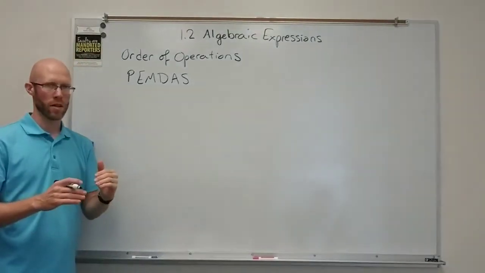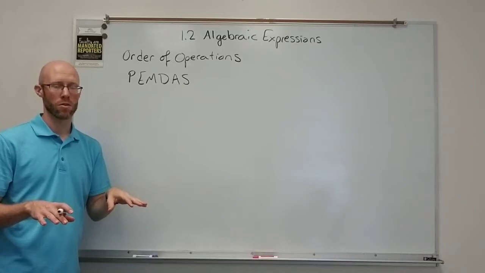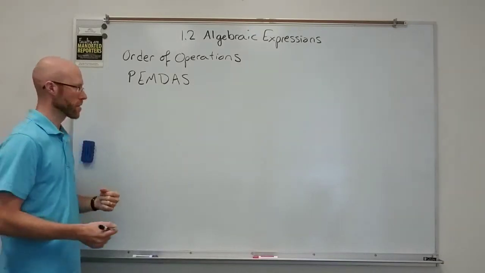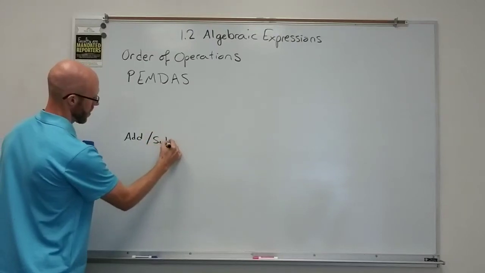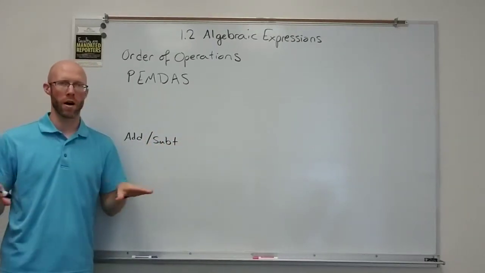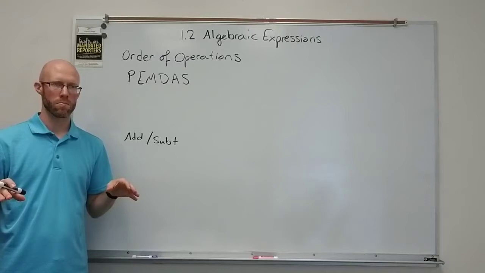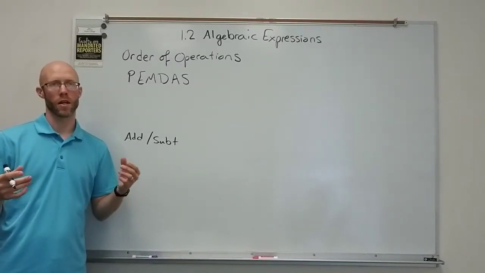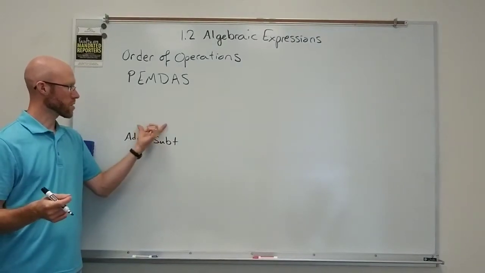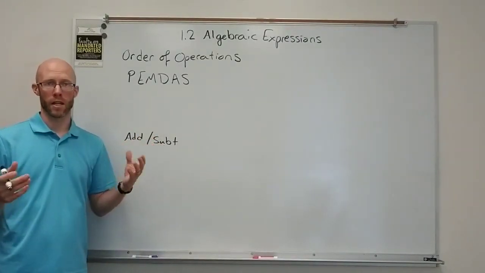The bottom layer, which is the last thing we do, is the adding and subtracting, okay? So add and subtract is always at the bottom. We do that last because the other operations are derived from that one, okay? Now, the next layer up is going to be your multiplying and dividing.